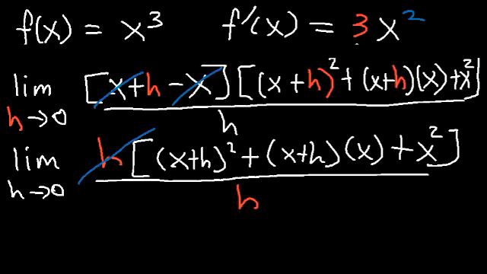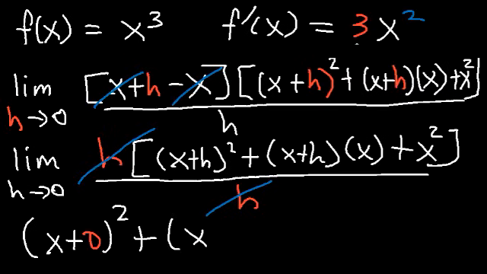So at this point we can cancel h, and now we can replace h with 0. We can plug it in. So now we don't need to write the limit expression anymore. What we have left over is (x plus 0) squared plus (x plus 0) times x plus x squared.